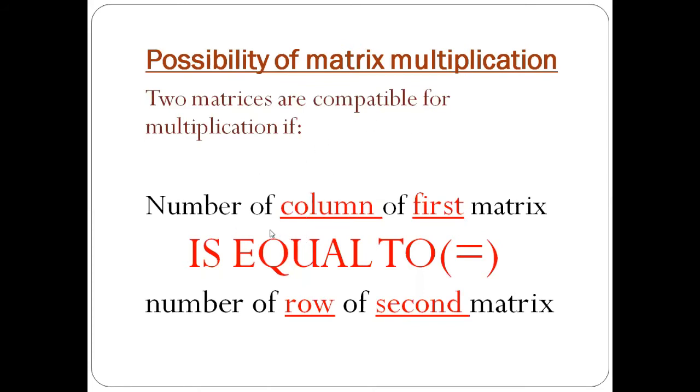This is very important to remember: columns of the first matrix equal rows of the second matrix.